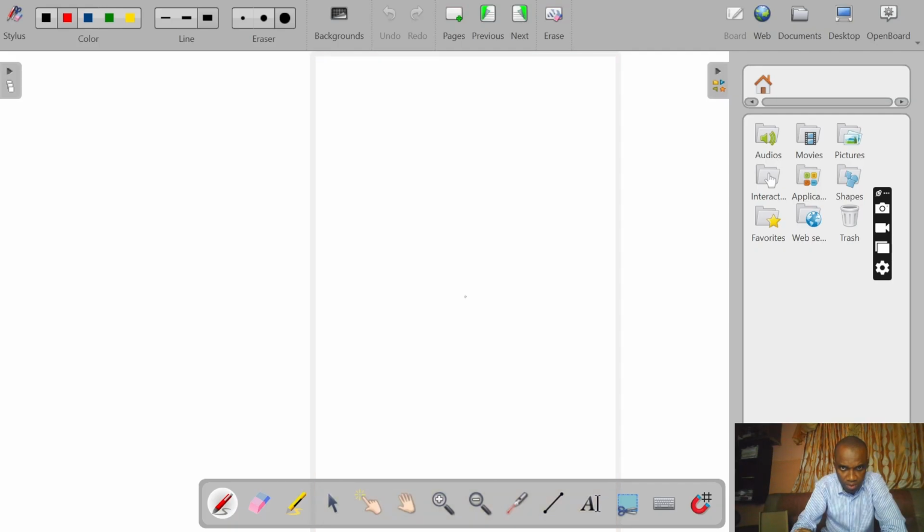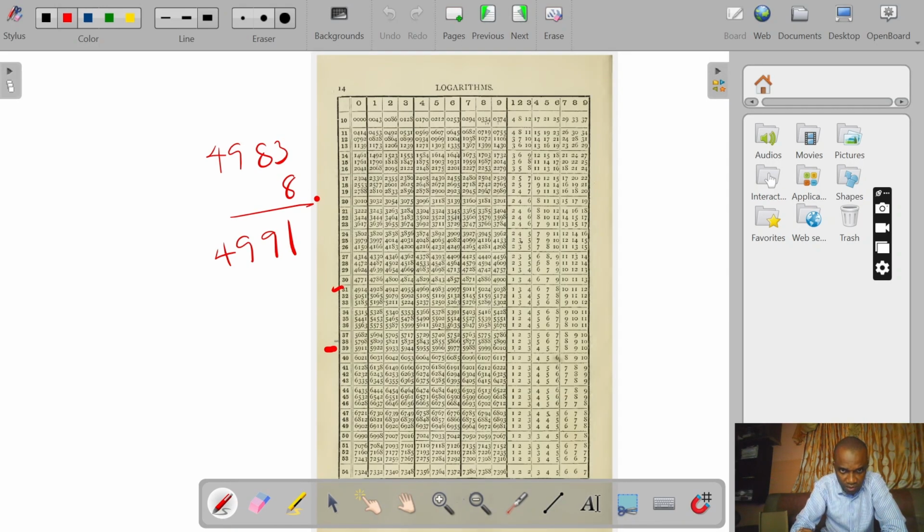So log 45 under 6. This is 45 here. Under 6 is 6590. Difference 2 is 2.